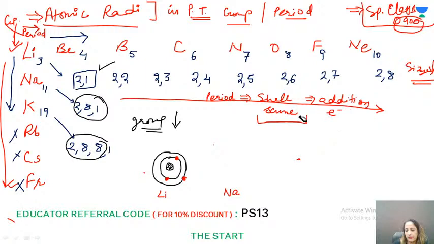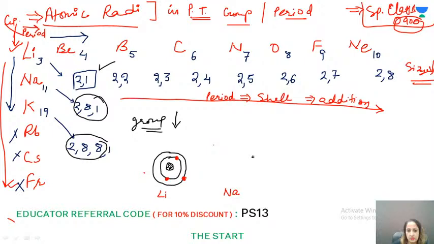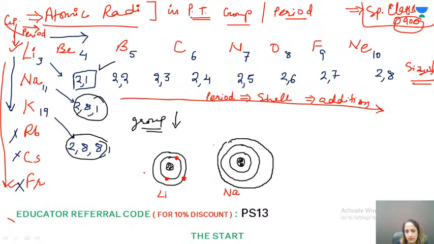It's little slow, guys, to erase this. Okay. All right. So when we draw for sodium, here is the nucleus, right? Here we have 2 electrons here, we have 8 electrons here, and we have 1 electron in here.